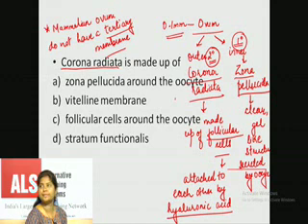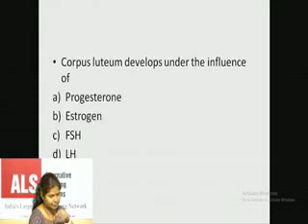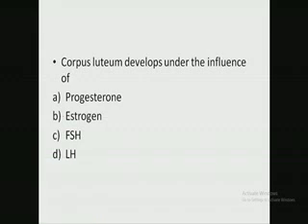Yes, children. So corona radiata is made up of, now you can answer this question, it is made up of follicular cells around the oocyte. Okay. This question, please.